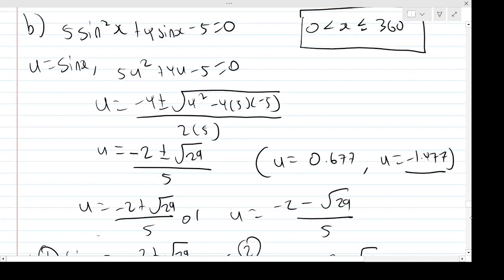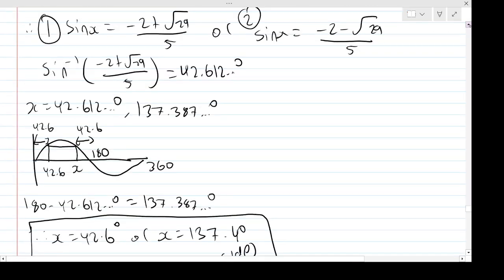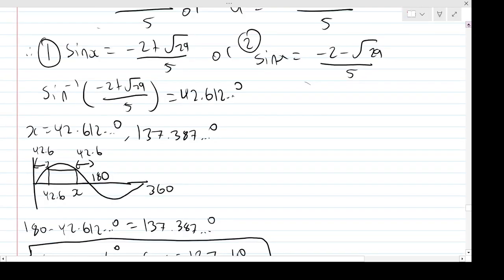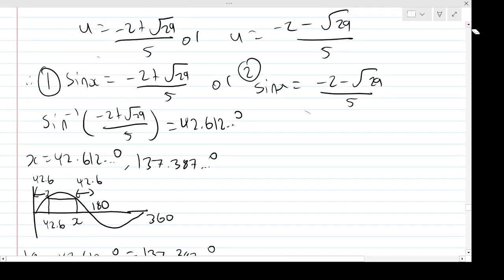Cool. Now, we need to then solve sine x is minus 2 minus root 29 over 5. If I were to inverse sine that, hopefully you spotted what's going to happen, particularly when we looked at the decimal form of the answer up here.